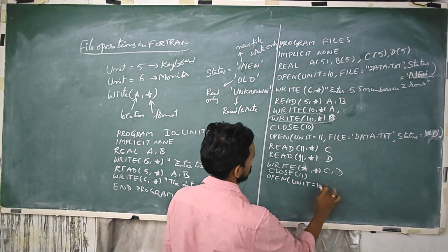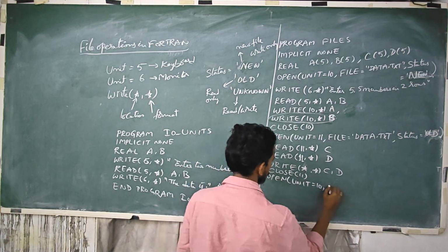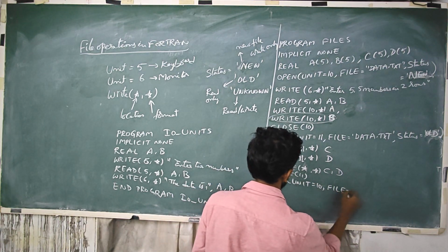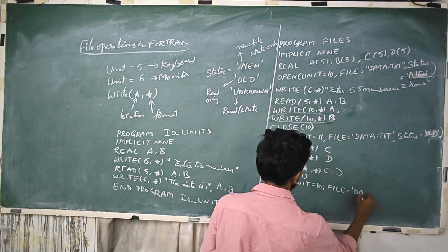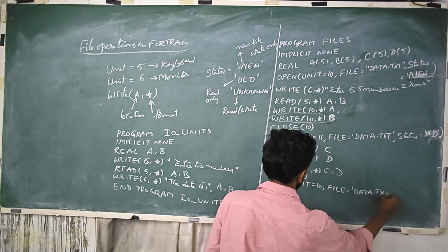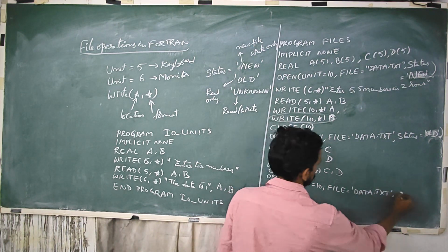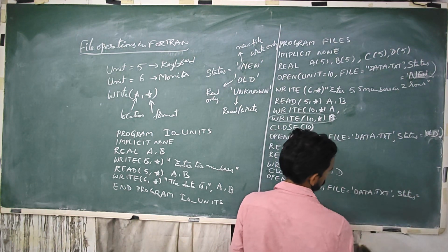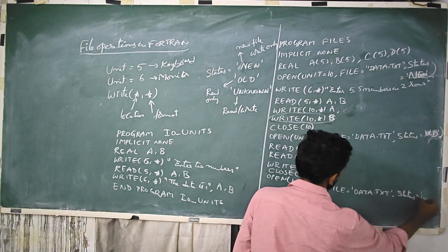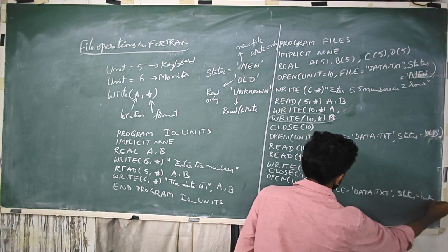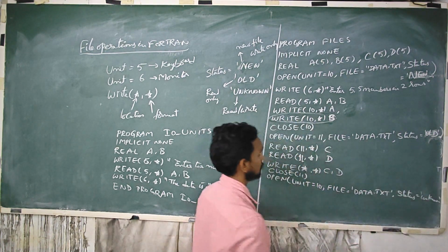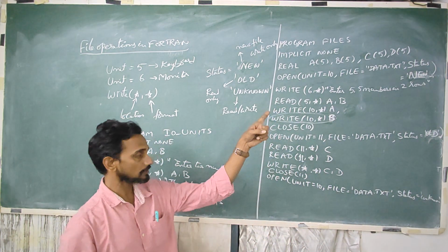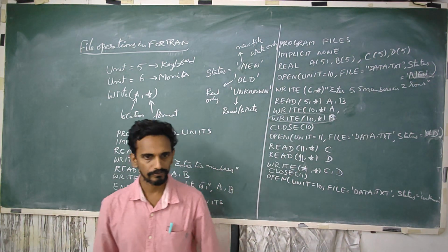open unit 10, file is equal to data.txt, status is unknown, because I'm trying to write into an existing file.